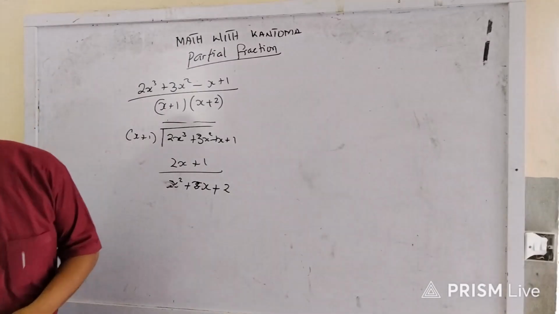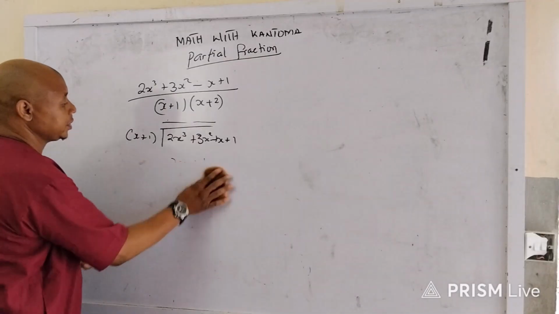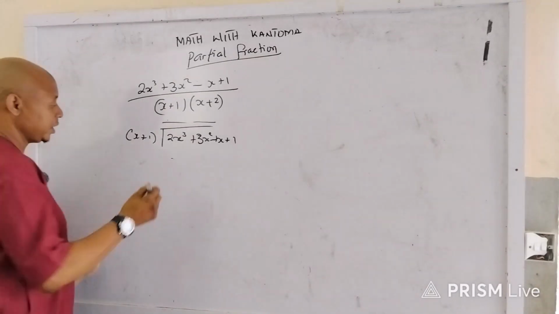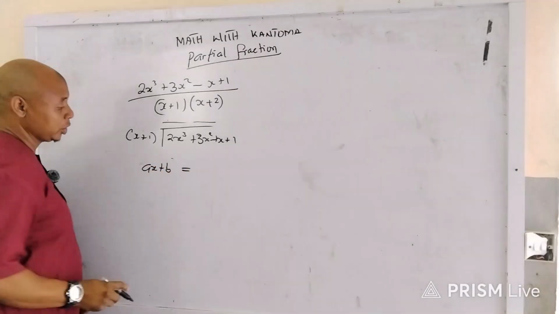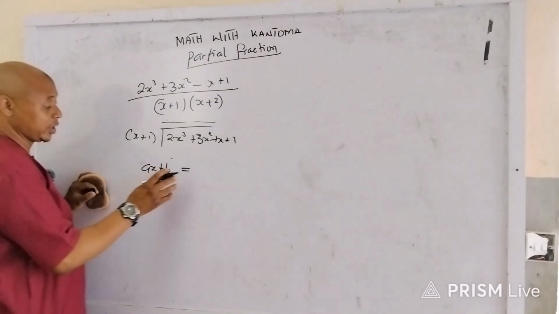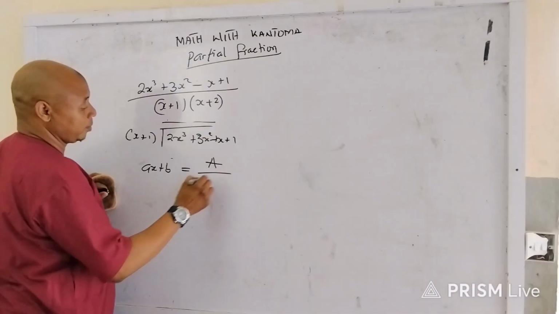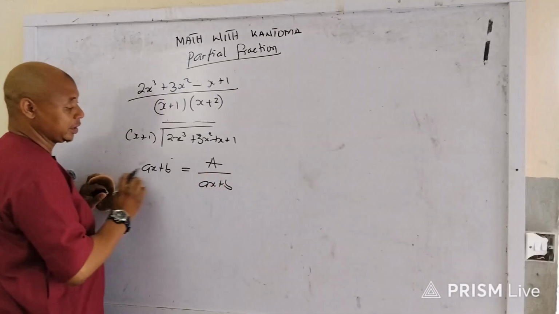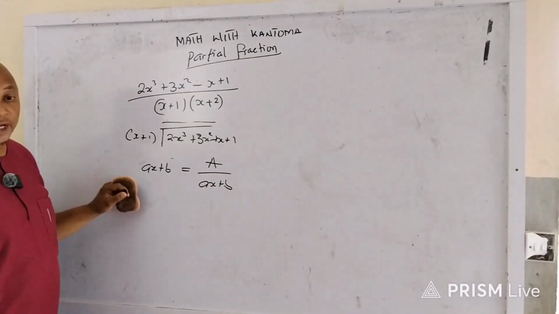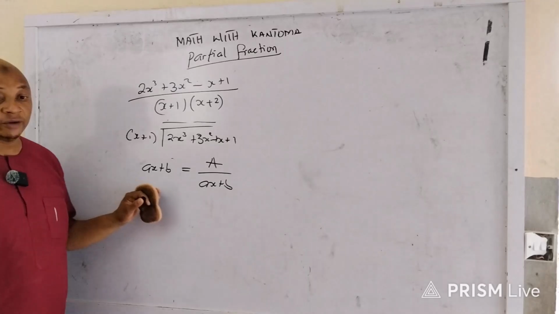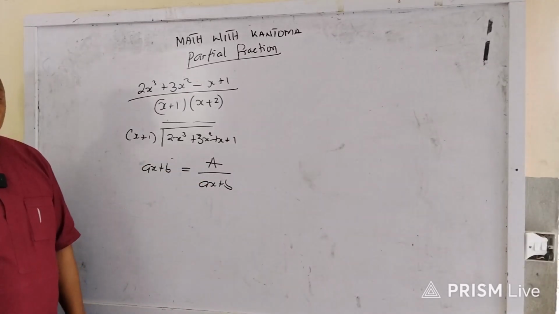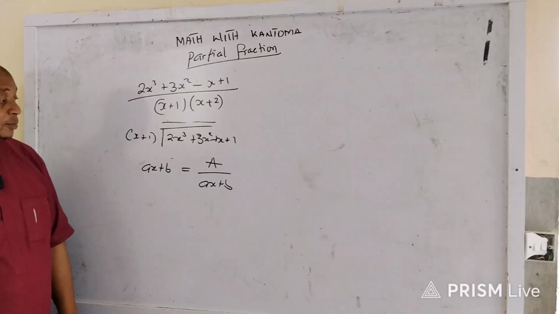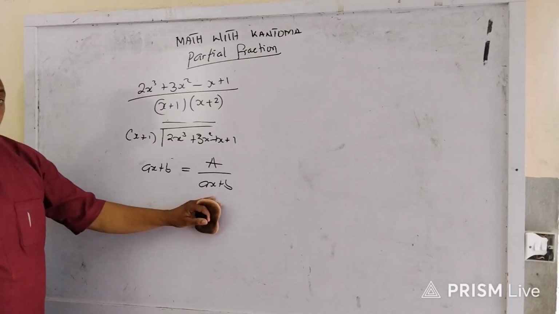And then the third rule says if you have a linear factor ax plus b, then the resolution into partial fractions of this will be A over ax plus b.